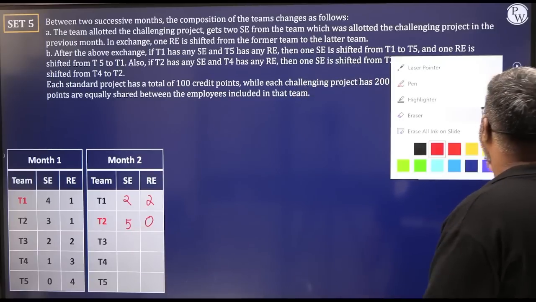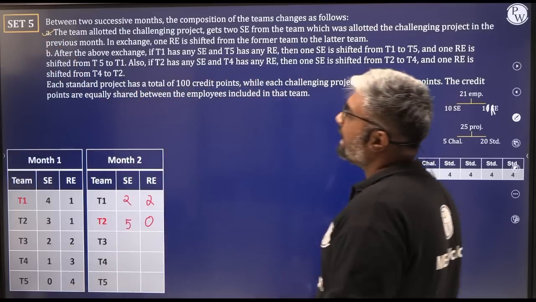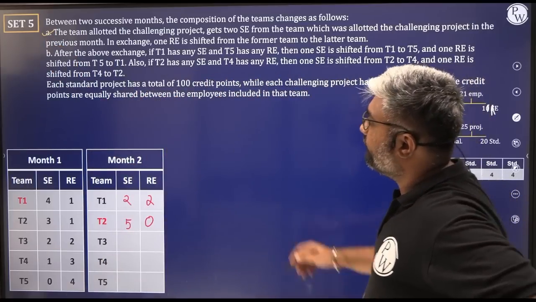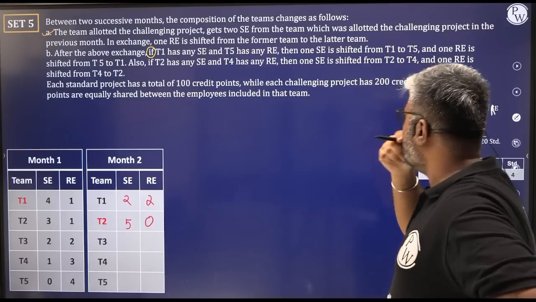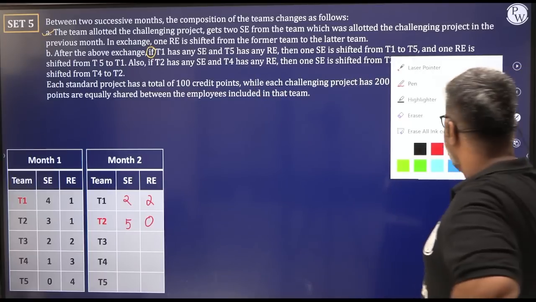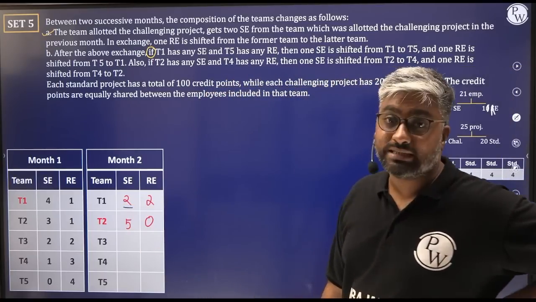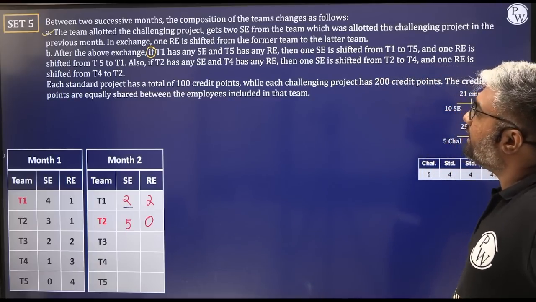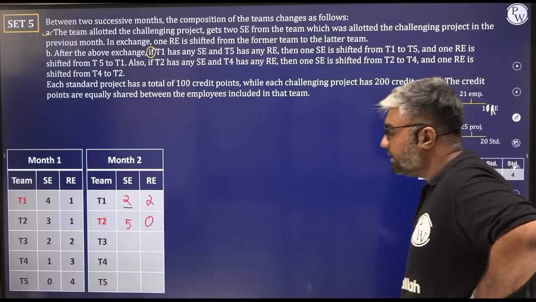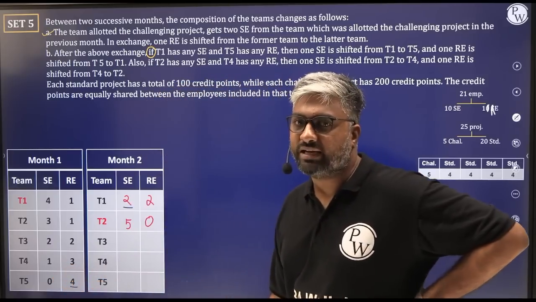So point A we understood. Let's look at point B now. After the above exchange, if T1 has any SE, does T1 have any SE? Yes, T1 has 2 SE. If T1 has any SE and T5 has any RE, will T5 have any RE? Yep. They've got 4. We haven't touched them yet.